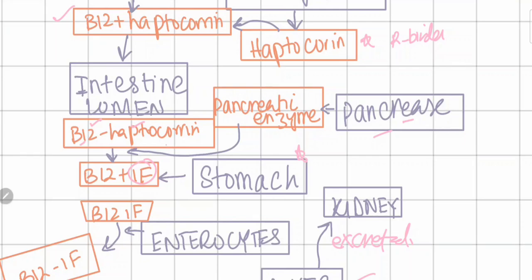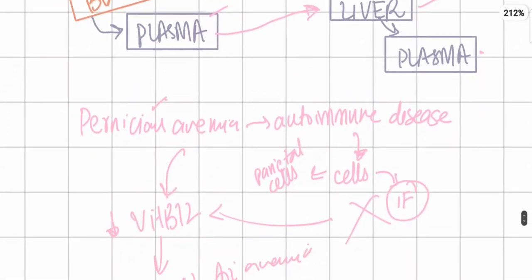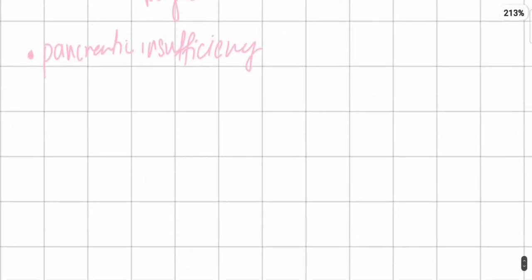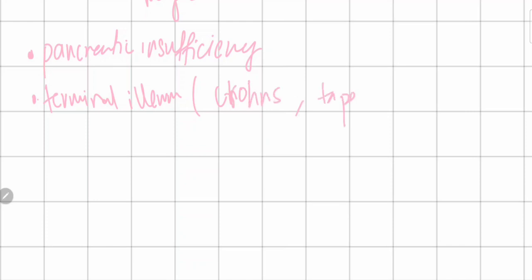So if you don't have enzymes or there is pancreatic insufficiency, this is not going to be broken down. Then how are we going to absorb vitamin B12, right? So that makes sense. And again, another is the terminal ileum destruction, any kind of damage. It could be Crohn's. It could be tapeworms, right? Again, if you have a damaged intestine, how are you going to absorb it?